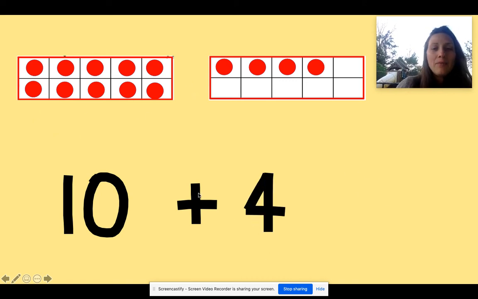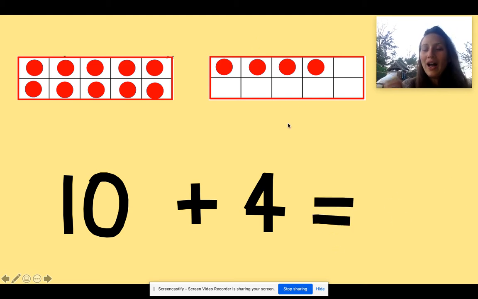10 plus 4 is equal to what? If you're not sure, you can go back and count all of the counters, or you can start from 10 and count on. 10, 11, 12, 13, 14.